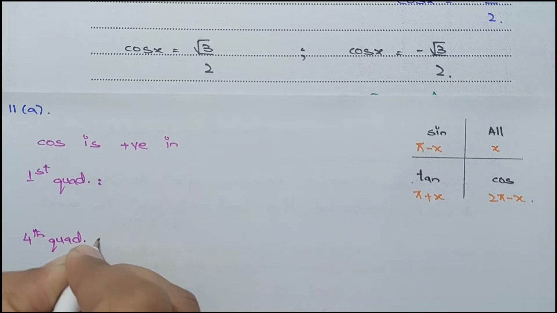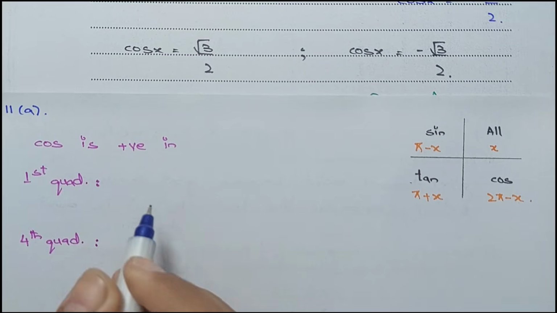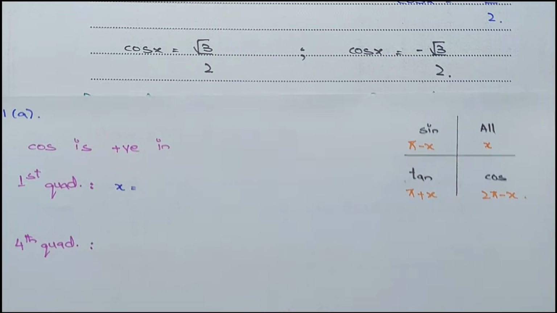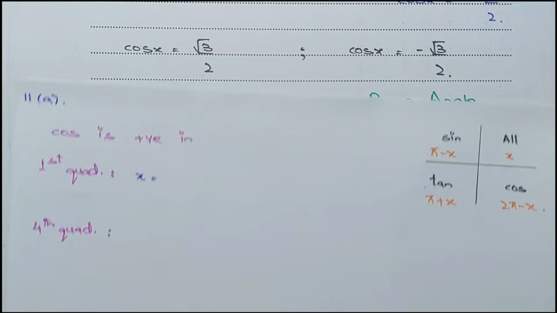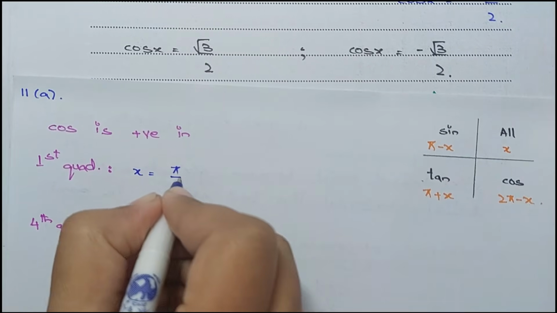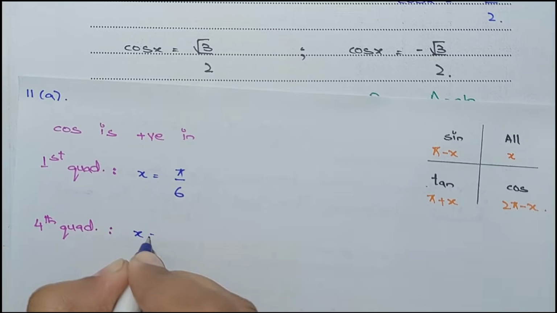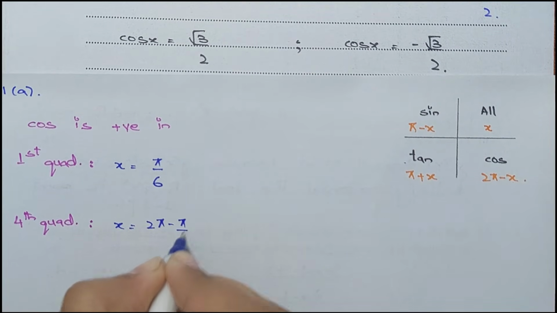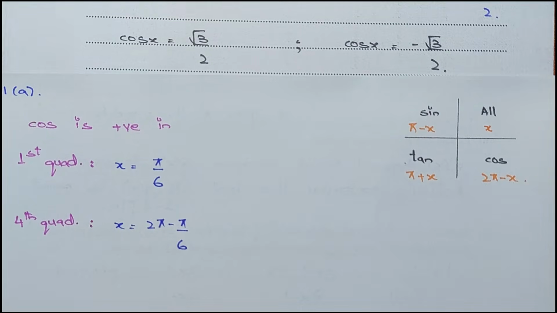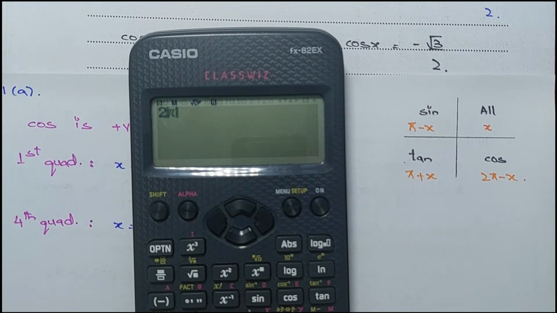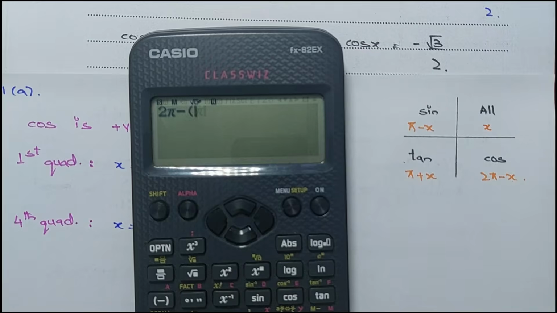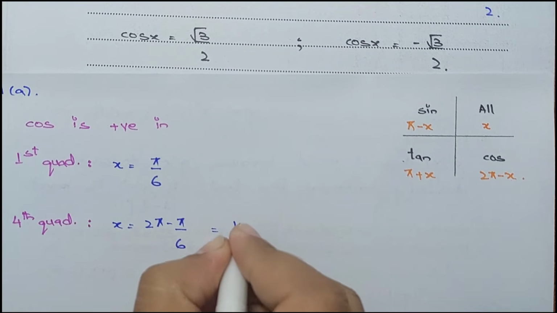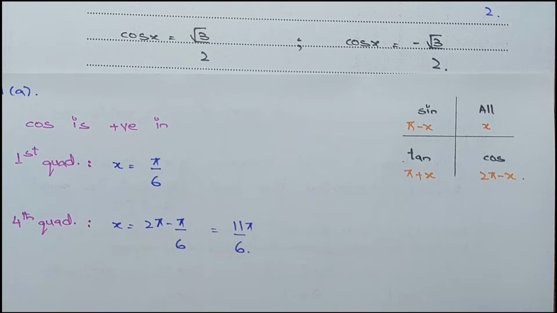Now what is the value of the angle? The angle is basically x. The x in the first quadrant is the base angle, which is pi by 6. The second x would be equal to 2 pi minus the base angle. So 2 pi minus pi by 6 is 11 pi by 6, right?